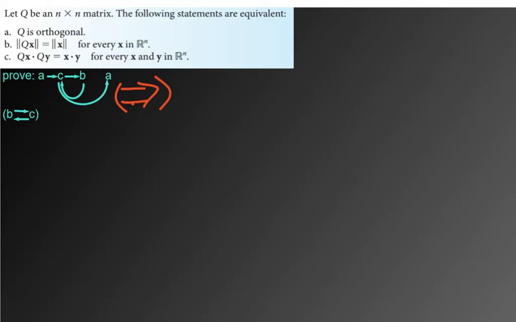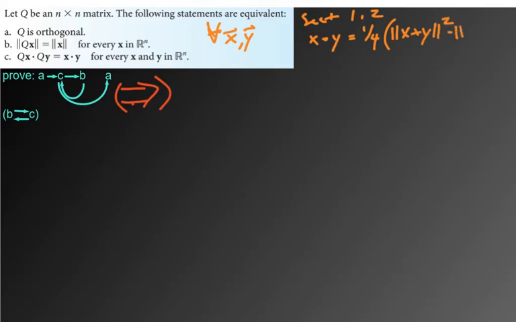Way back in section 1.2, there's an identity that says for all vectors x and y, x dot y is equal to a fourth of the magnitude of x plus y quantity squared minus the magnitude of x minus y squared.